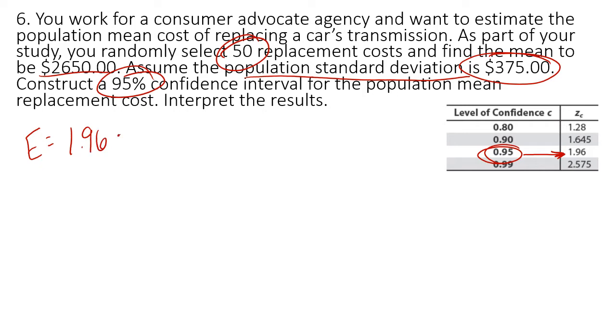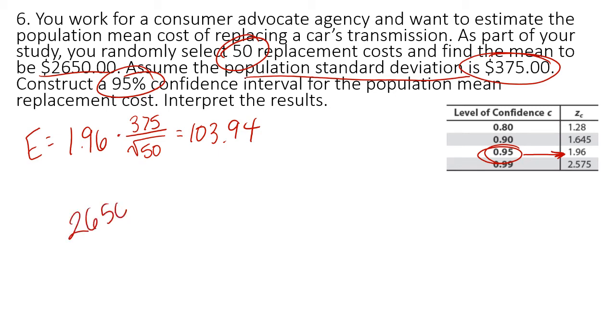We multiply that times our standard deviation, which is now 375, divided by the square root of 50. So once you calculate all that out, you get 103.94 for our margin of error.